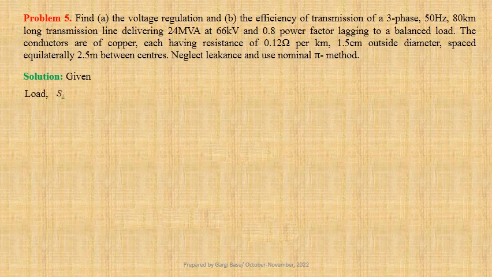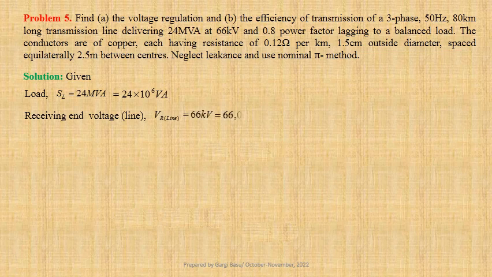Load SL equals 24 megavolt ampere, that is equal to 24 into 10 to the power 6 volt ampere. Line to line receiving end voltage VR line equals 66 kilovolts, that is equal to 66,000 volts.